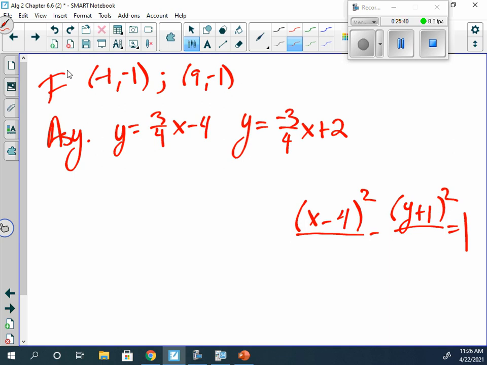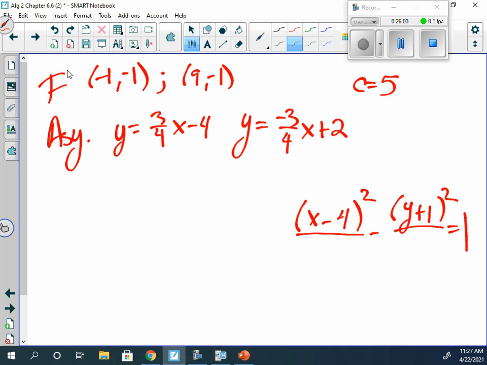Now this also does help us get our c value, because 4 plus what is 9? 4 plus c is 9, so c has to be 5. 4 minus 5 is -1, so we do get our 2 values, so we get c.